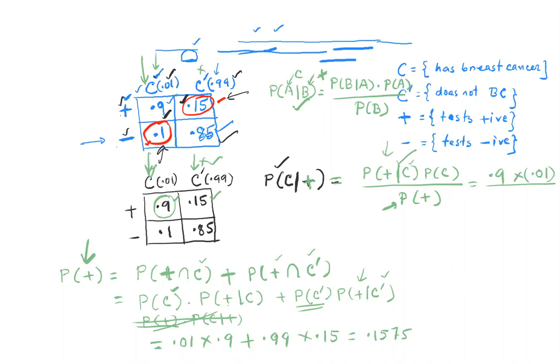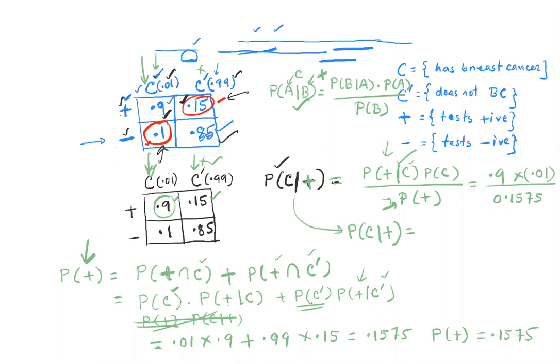So the probability of testing positive is 0.1575, which is the bottom number. Now, if I do the math, that's going to give me the probability of having cancer given that the person has tested positive, which is this, right?